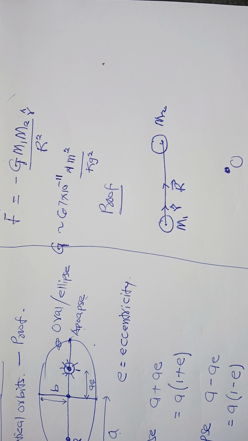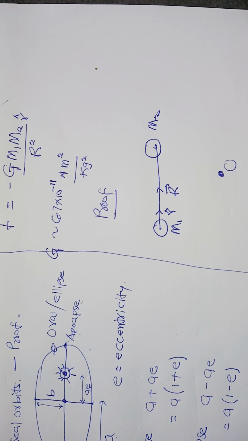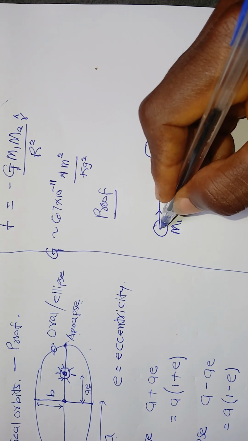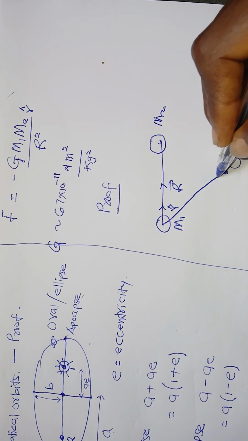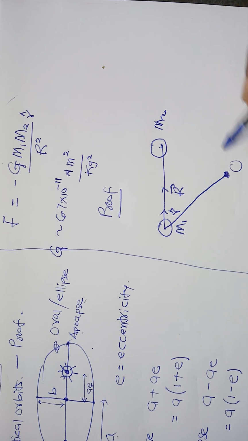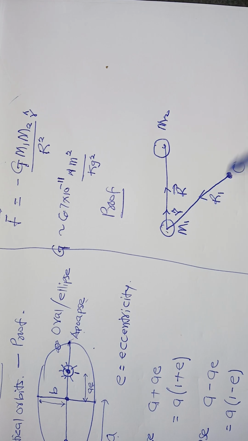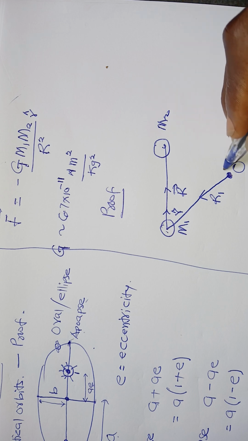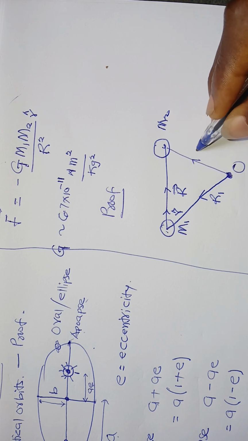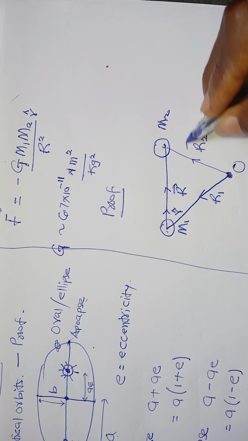Let's call this origin O. The position vector of M1 from the origin, let's call that R1. And the position vector of M2 from the origin, let's call that R2.